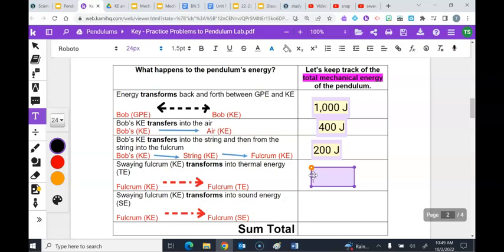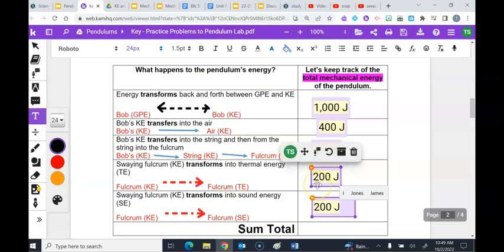So a lot of the kinetic energy of the swinging bob in the pendulum was lost because of the fact, not lost, but it converted into sound and heat. So it was there all along. The energy expressed itself in a different form.